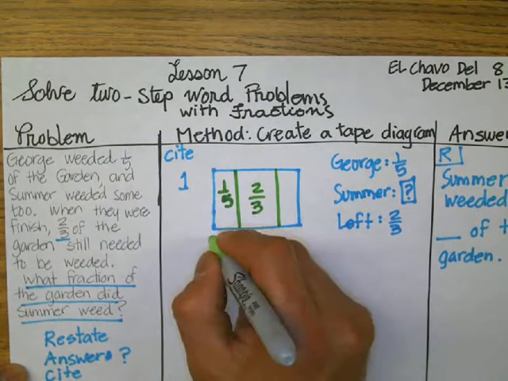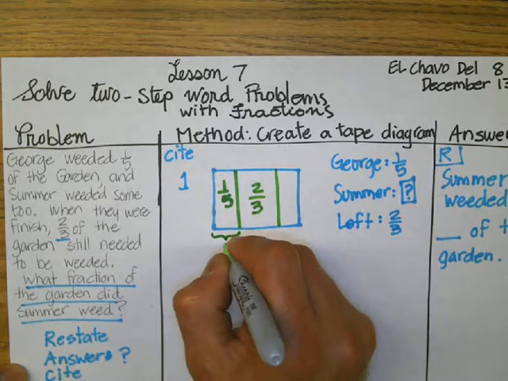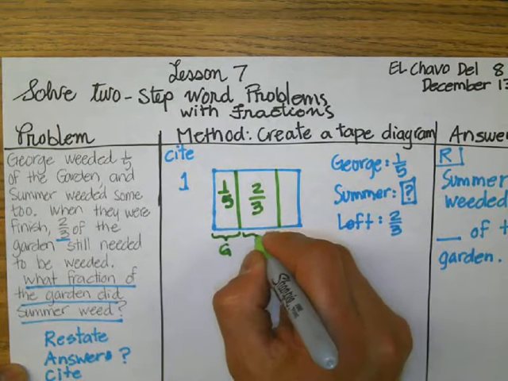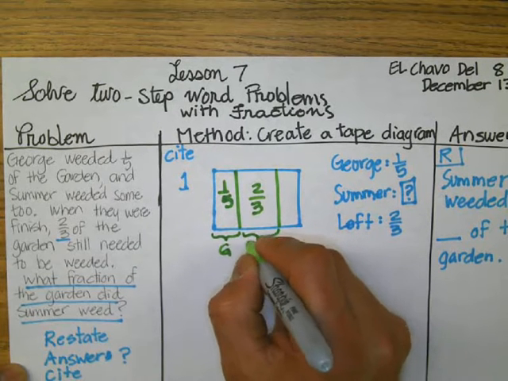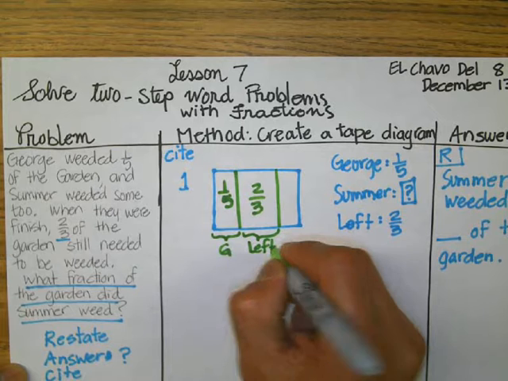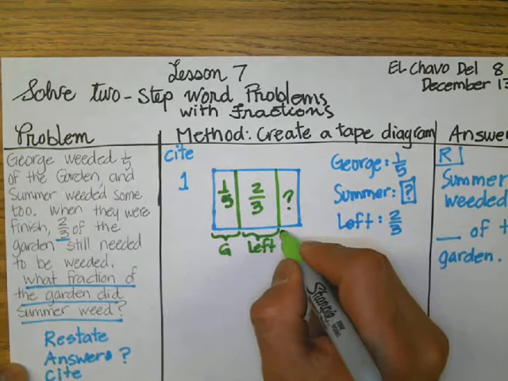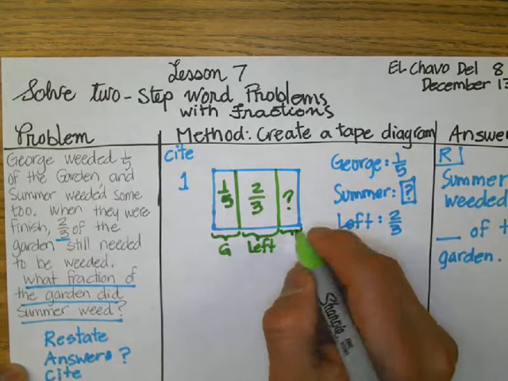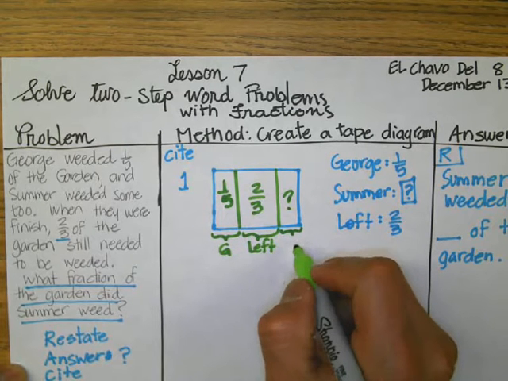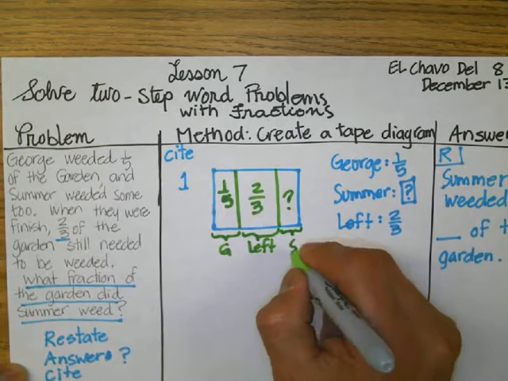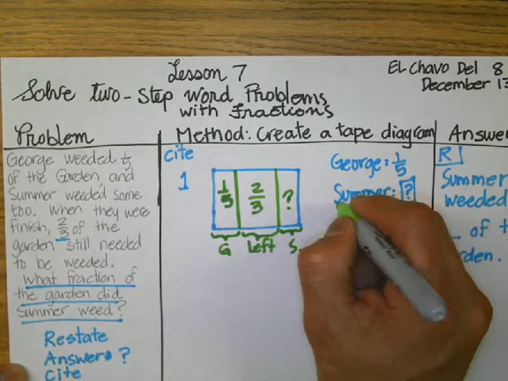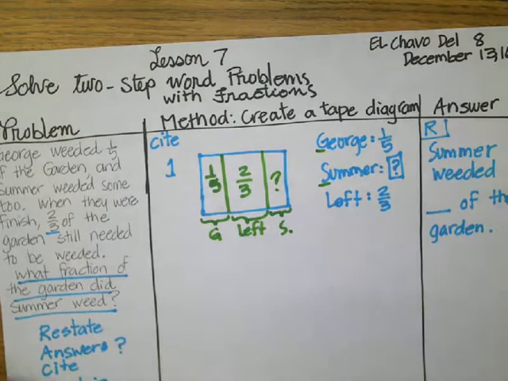So I'm going to label George with a letter G, and this is the word left. This was what's left. And this is the question that we need to answer. How much did she do? I don't know if Summer was a little lazy, but you know what? There is Summer. Okay, I think it would make sense, my friends, if we start this problem like this.